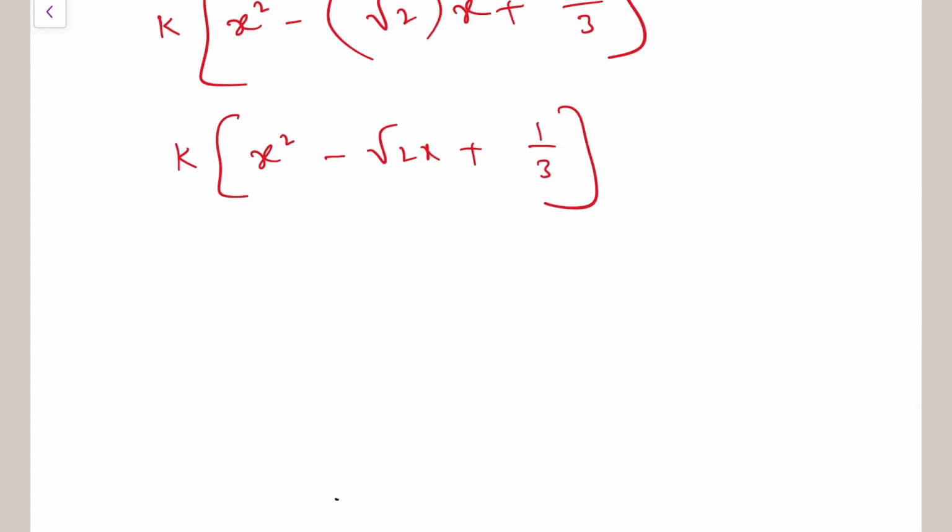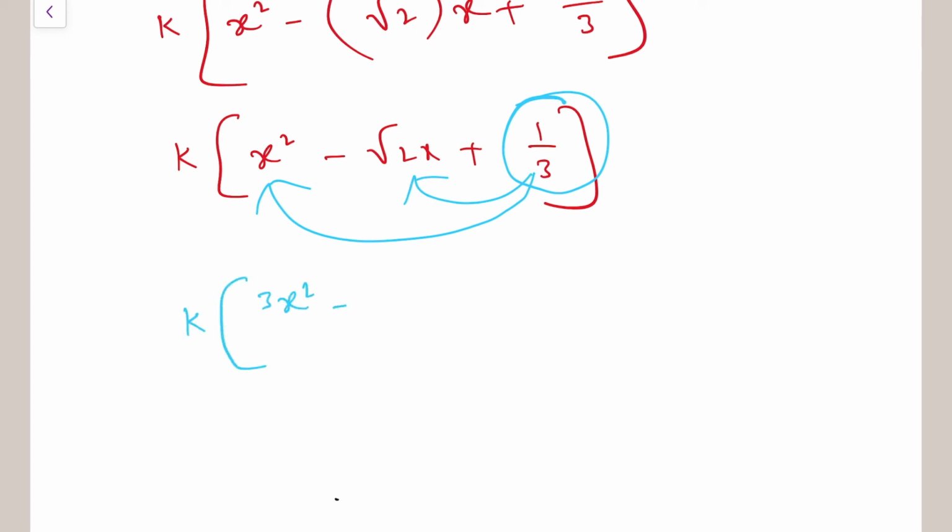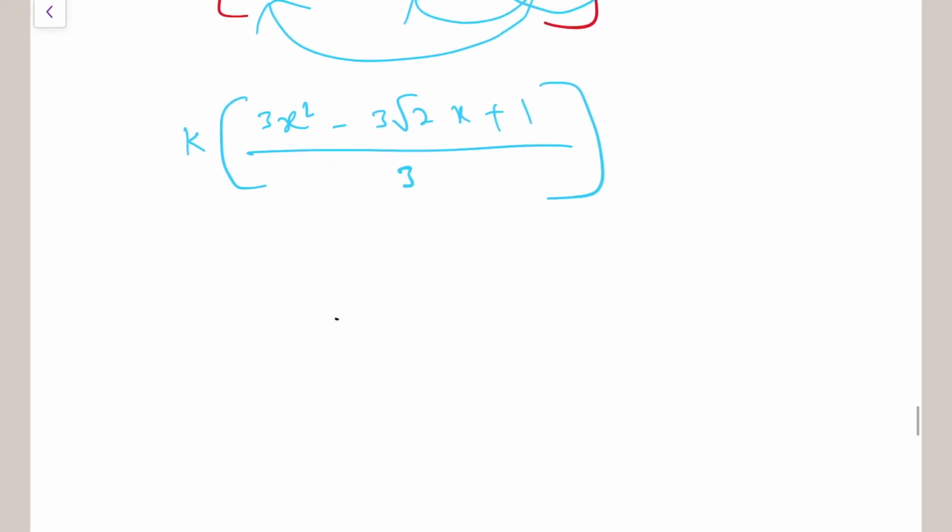Here only for the third term the denominator is there, right? So that denominator you multiply with the first term as well as with the second term. K as it is, so 3 into x square, 3x square minus 3 into root 2x, 3 root 2x plus 1, whole divided by 3. Now in the place of k, the denominator is 3, right? So we need to keep 3 only.